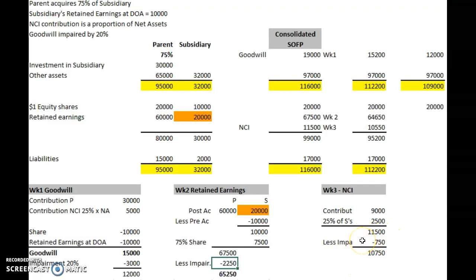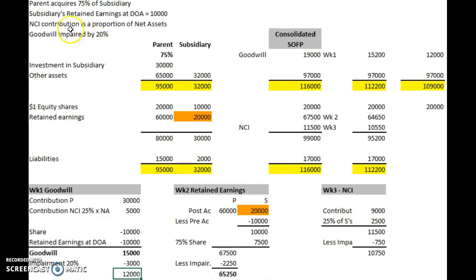But if you remember back, when we calculate NCI's contribution as a proportion of net assets, all they've done is pay for 10,000 of equity shares, 10,000 of retained earnings, and they've just paid their 25% of that. They've not paid anything over that to pay for the goodwill. So the entire amount of the goodwill, 12,000 here, is therefore put towards the parent, and none of it is attributed to the NCI in this scenario.